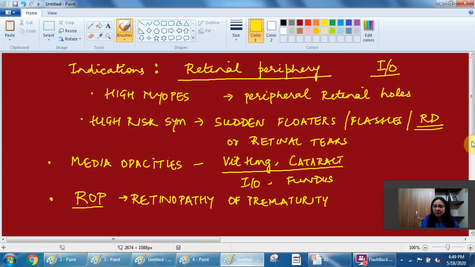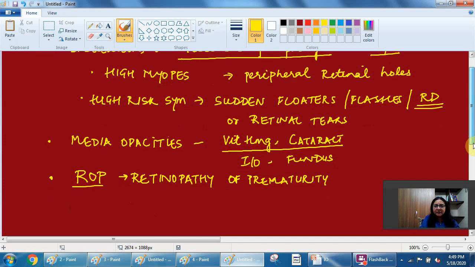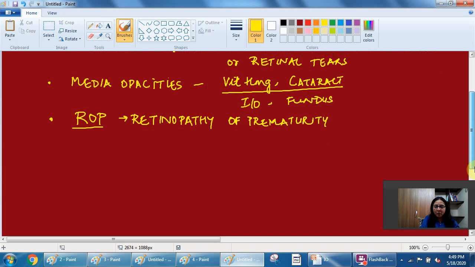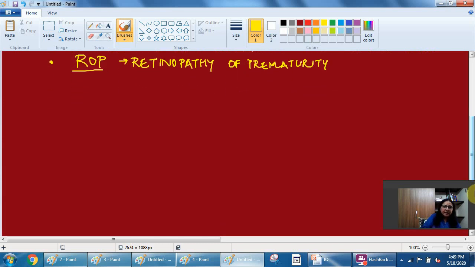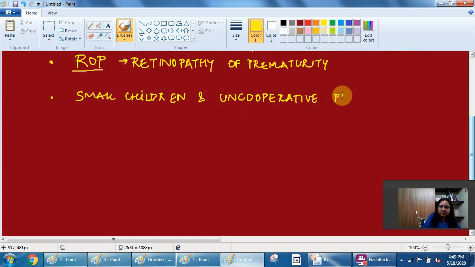Then besides this, not only in premature babies, in children otherwise also, it is a good method to examine the retina because you can examine a large area of the retina quickly. So in small children as well as in uncooperative patients who are not very cooperative for direct ophthalmoscopy, we can perform indirect ophthalmoscopy.